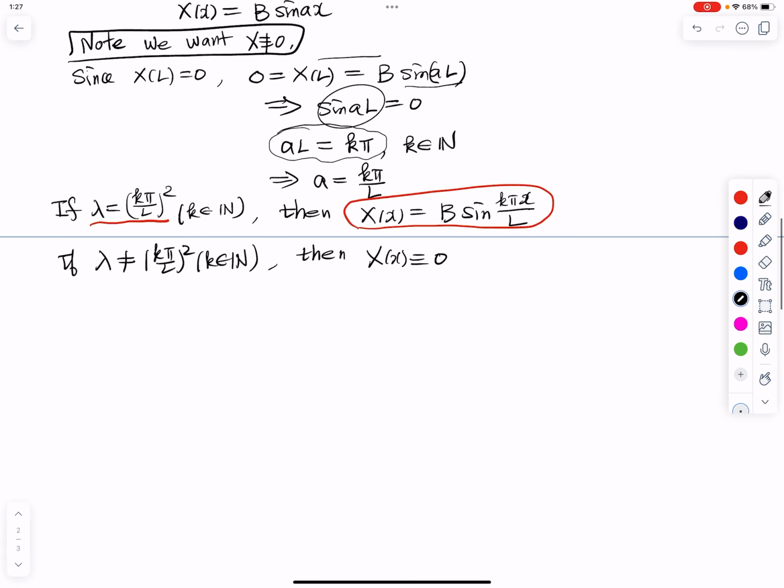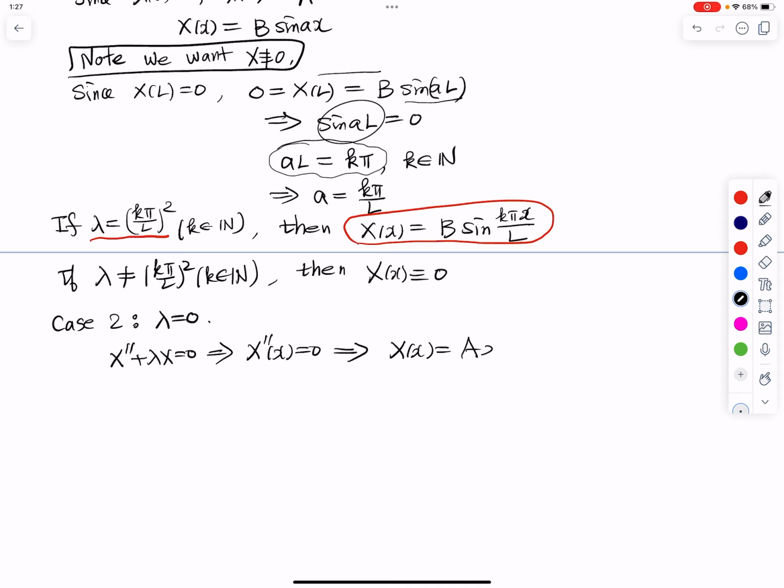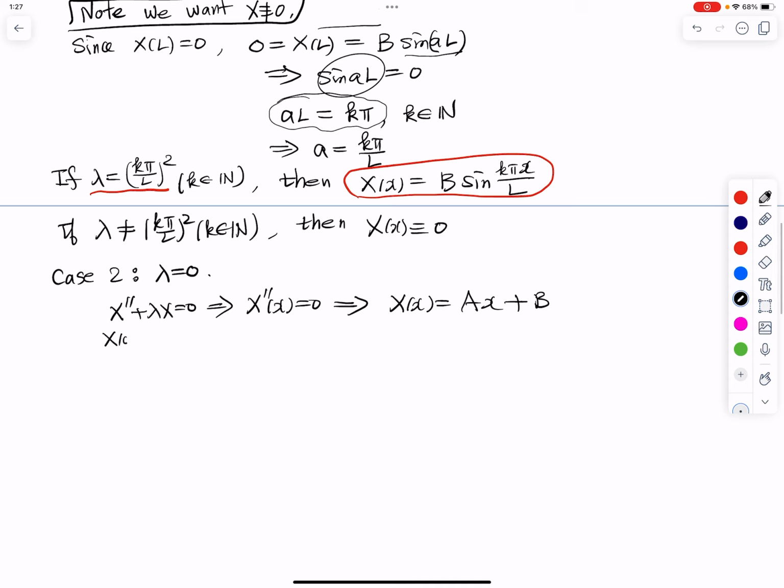Now, if lambda equals 0, what happens? Case 2, lambda equals 0. We have nothing to do, right? In this case X double prime plus lambda X equals 0, and this is 0, so you have X double prime equals 0. That implies X(x) equals ax plus b. Since X(0) equals 0, b equals 0.